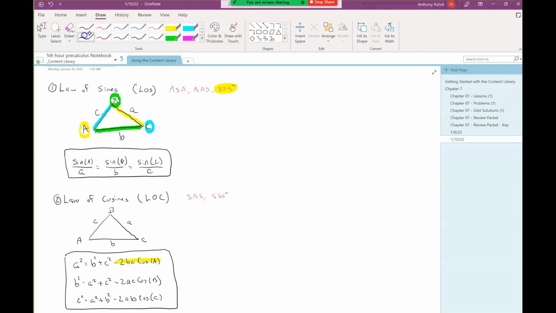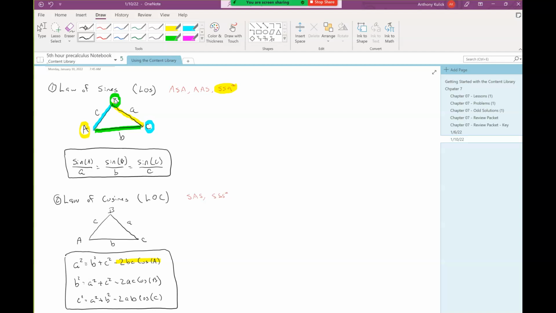And we talked about, okay, when I'm solving a right triangle, it's pretty obvious when I want to use the Pythagorean theorem or when I want to use SOHCAHTOA, because if I have an angle, I've got to use SOHCAHTOA, and if I don't have any angles, I've got to use the Pythagorean theorem. It's pretty straightforward. But the law of sines and law of cosines both need sides and angles.